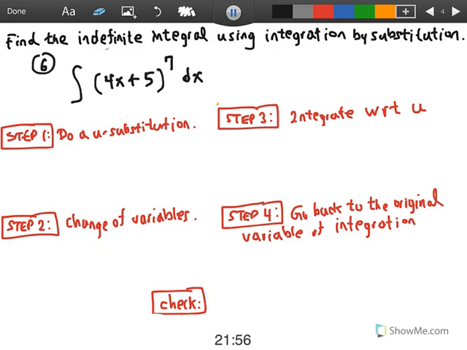What you observe is that the integrand is a composition of two functions, with the inside function being 4x plus 5. So we will let u be equal to 4x plus 5.